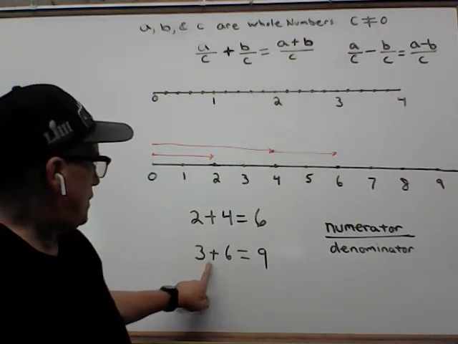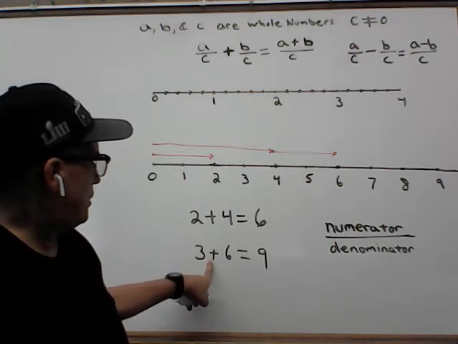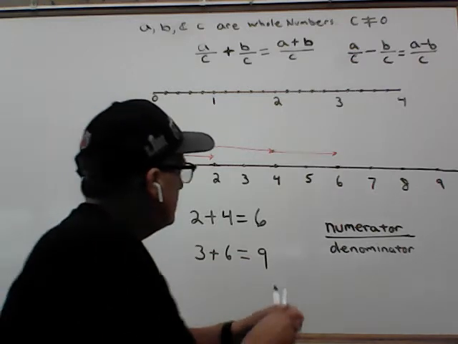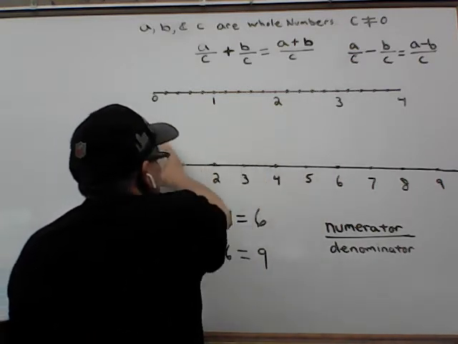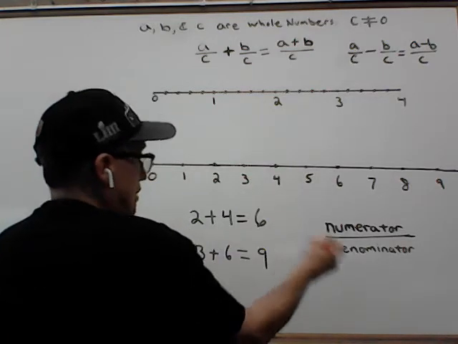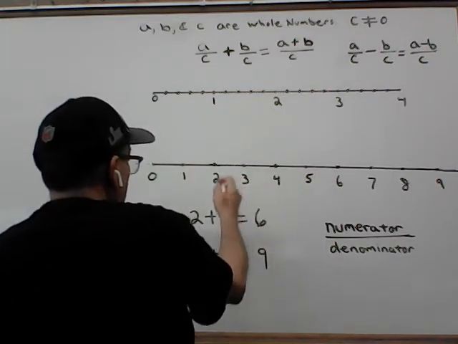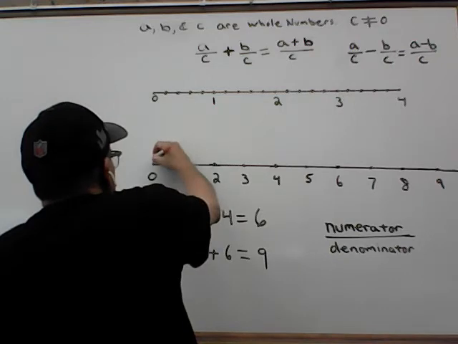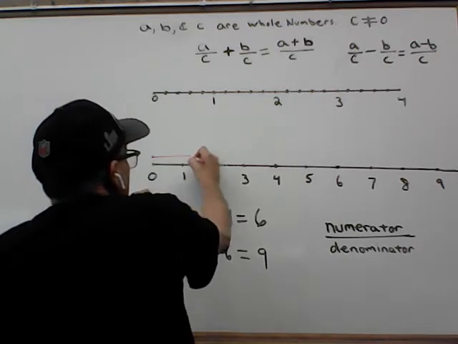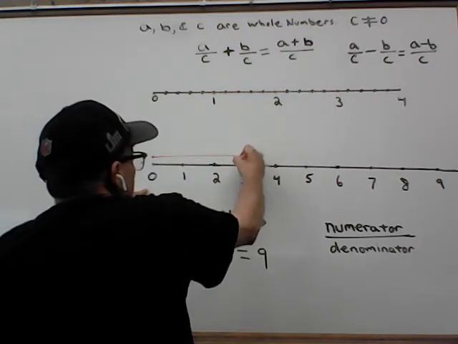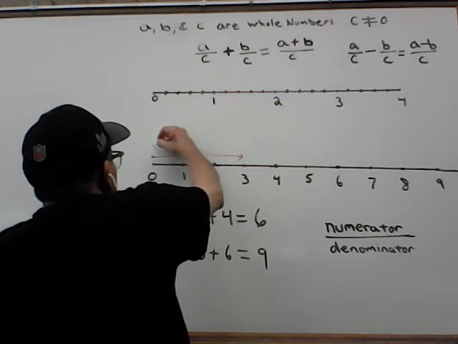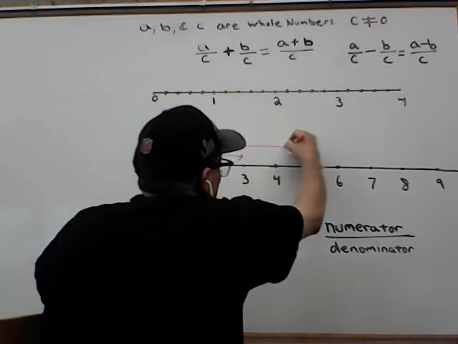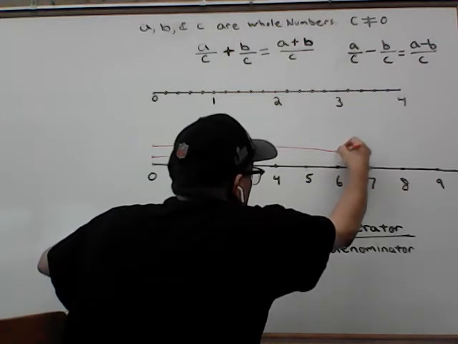I also thought we'd look at 3 plus 6 being 9. And of course, I'll do this not quite as neatly. I won't use the meter stick this time. But if we have a vector that starts at 0 and then ends at 3, that vector represents 3. And then, of course, we have another one that starts at 0 and ends at 6.